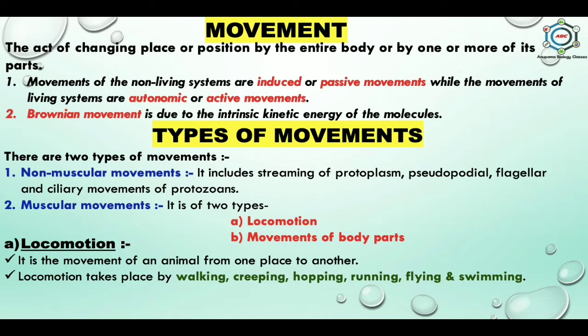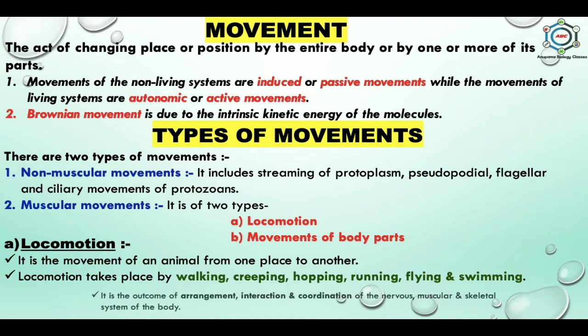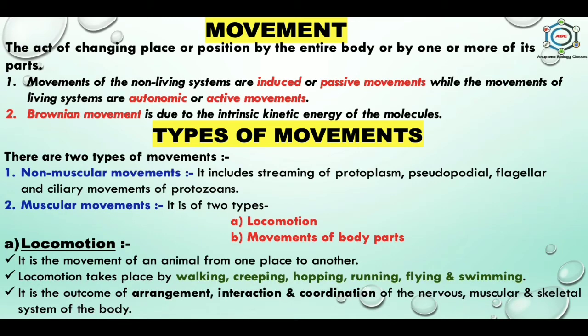For this type of locomotion, different types of adaptations are found in animals. Like for running, cursorial adaptations; for hopping, saltatorial adaptation; for swimming, natatorial adaptation; and for flying, volant adaptation. Locomotion is the outcome of arrangement, interactions and coordination of the nervous, muscular and skeletal systems of the body.